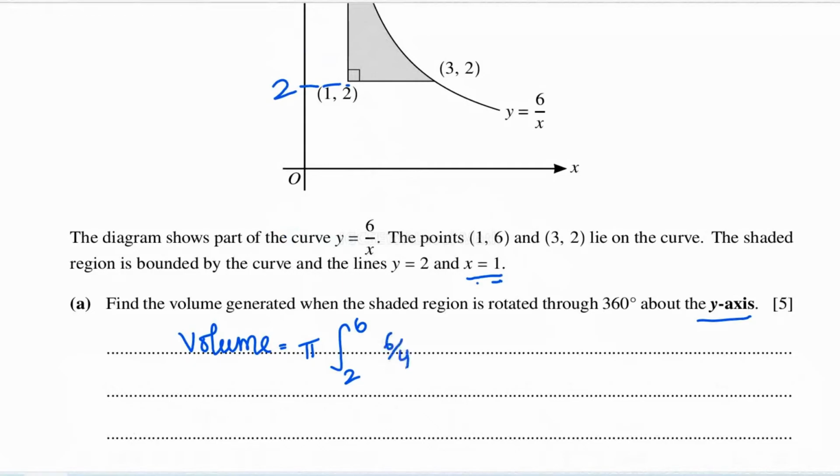X square is 6 over y the whole square multiplied by dy, minus pi multiplied by integral 2 to 6 and x equal to 1, so 1 dy. Okay. So you can subtract this. You can find the volume of a cylinder. You can subtract that also.